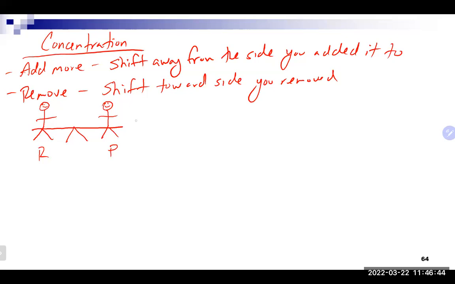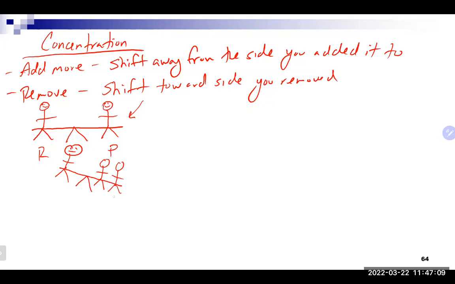So if I decided I'm going to add some more products and put an extra guy on there, what's going to happen is that equilibrium will now be kind of messed up because we got a couple guys on this side. This guy is going for a ride up this way. Not so happy. It's advanced stick figures. They have faces. Intro to stick figures, no faces.